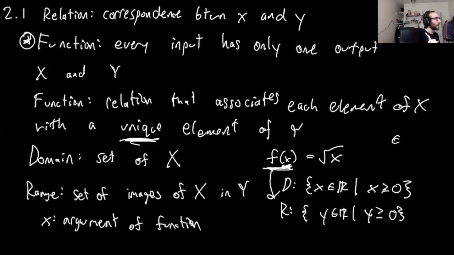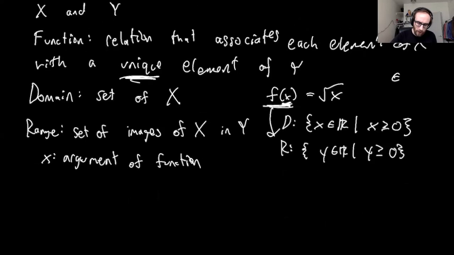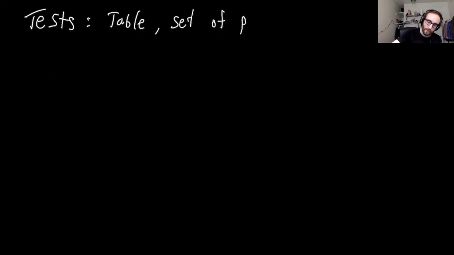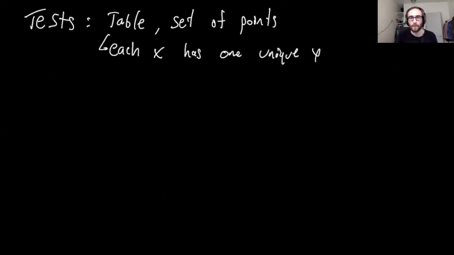Okay, moving on, we'll talk a little bit about testing for a function. So for testing to see if we have a function or just a relation, we can first look at if we have a table or set of points. We just need to make sure that each x has one unique y value.